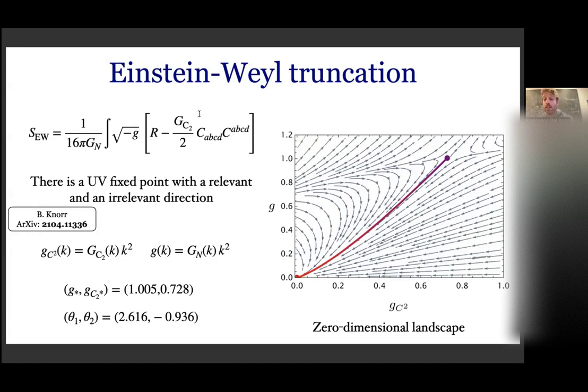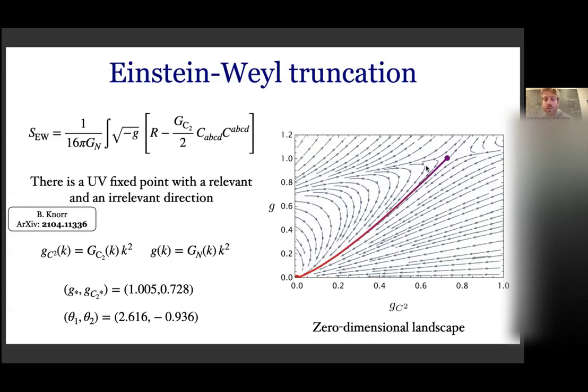And what we find is that we have a flow that you can see here, which actually possesses a UV fixed point. And as I was anticipating, this UV fixed point has a relevant and an irrelevant direction, meaning that this point is ultraviolet attractive only along one direction, which here is emphasized by this thick colored line that you can see in the diagram.